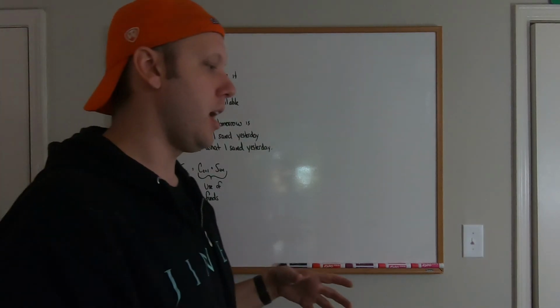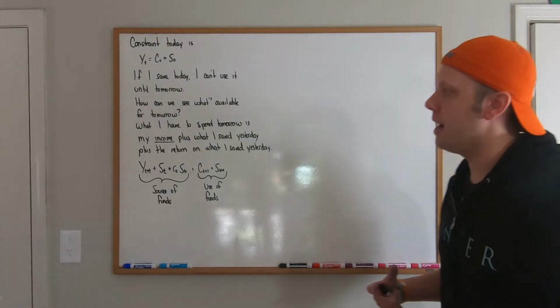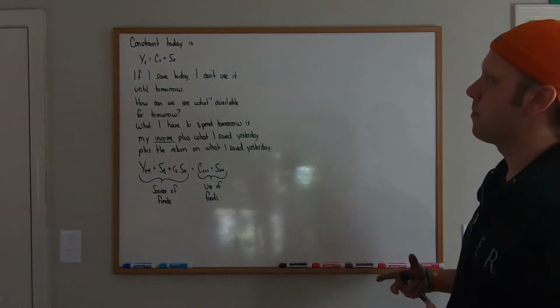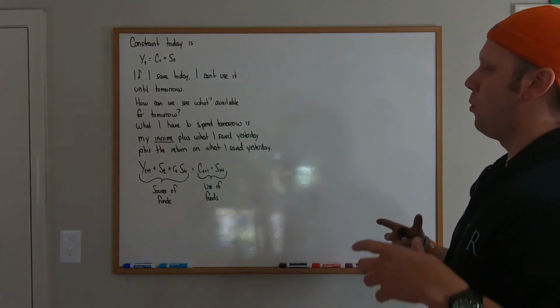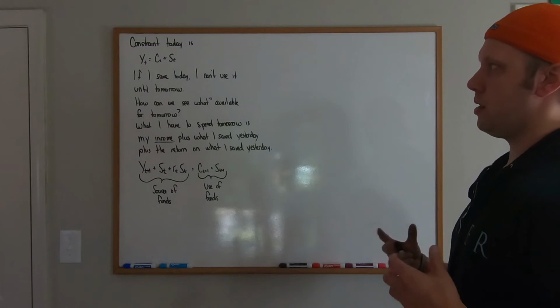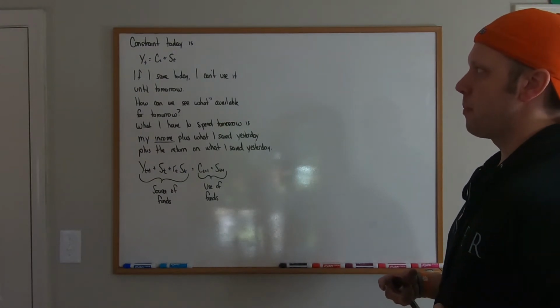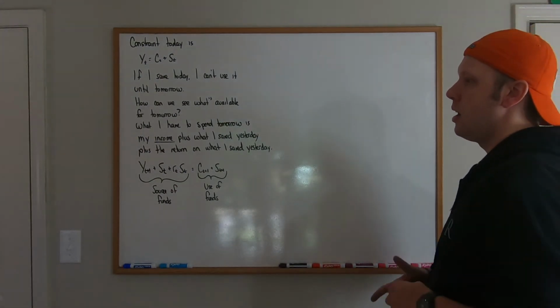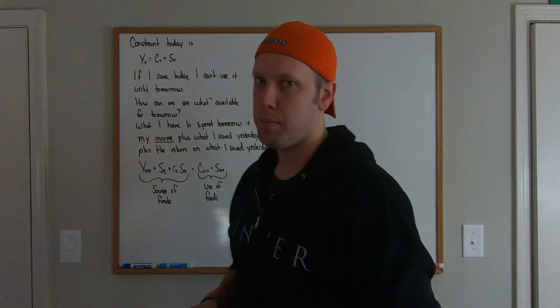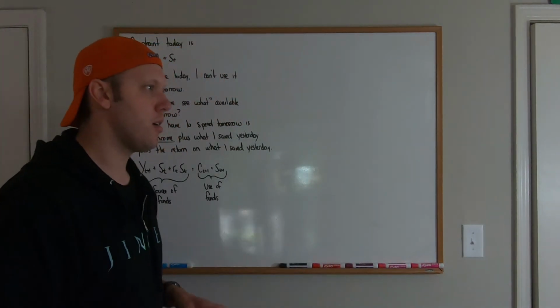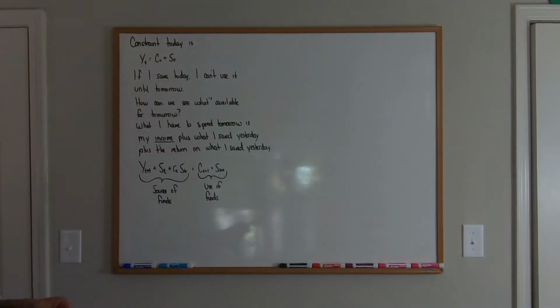So this is how we can actually have a balanced budget constraint where we spend more than what we're actually earning. Because we don't care if the budget constraint is balanced every period. Rather, we care that the budget constraint is balanced over the course of the lifetime.